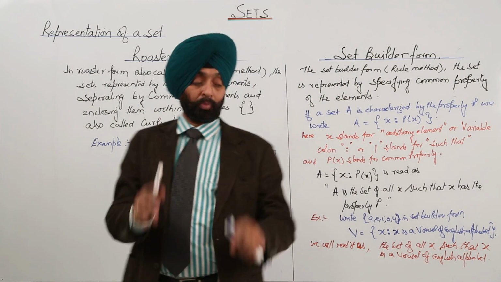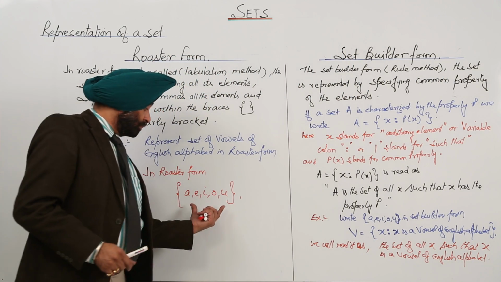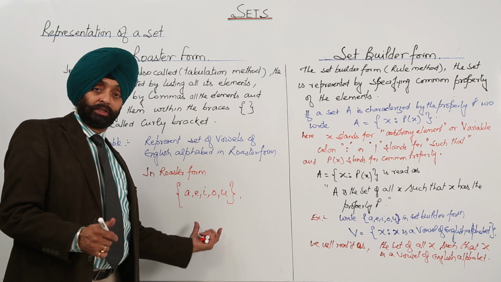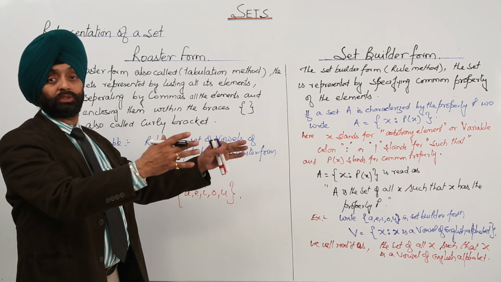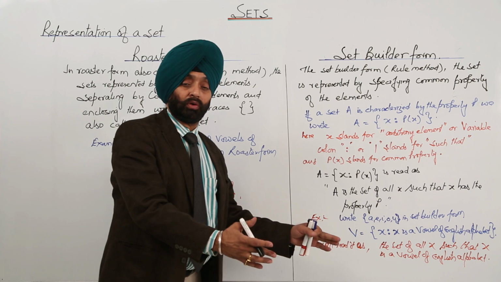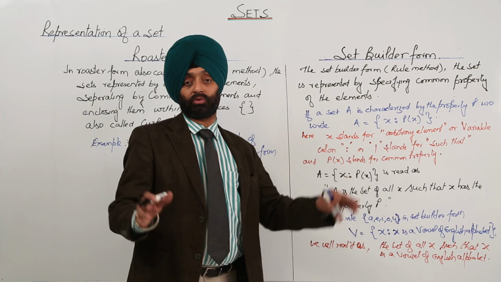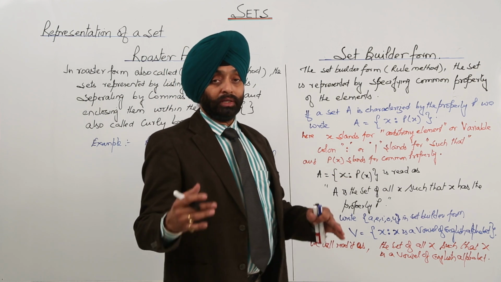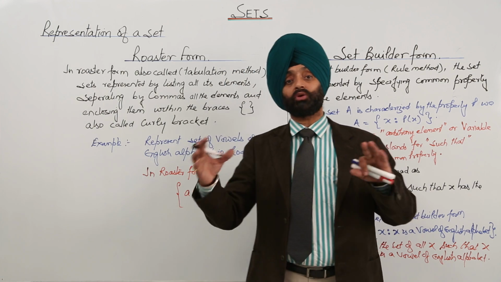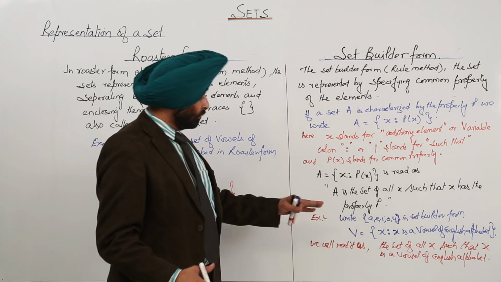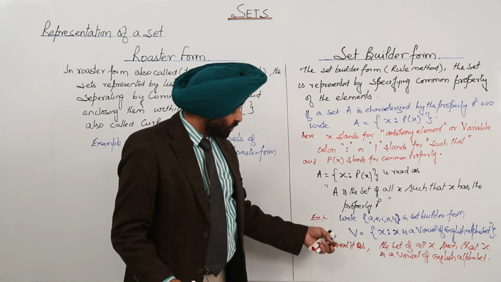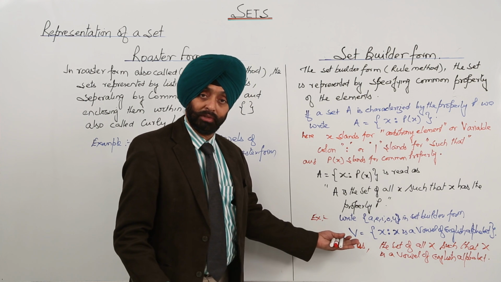X has a common property. Whenever you look at it, you will say these are the vowels. You can't say anything else about this thing. So all the 5 elements have a common property. That's why in the set builder form we mention it in this form. Is it clear?